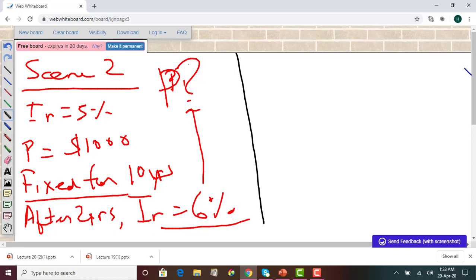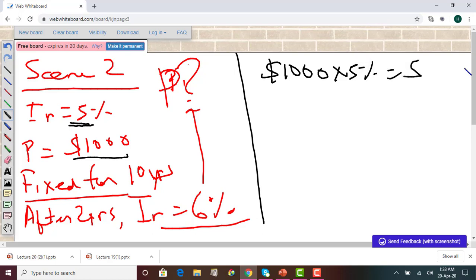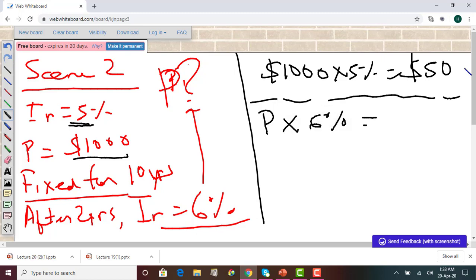Again, when we bought it with $1,000 and the interest was 5%, our fixed payment for 10 years is $50. It still remains the same, but now your interest rate has gone up to 6%, so the payment still remains the same, $50.